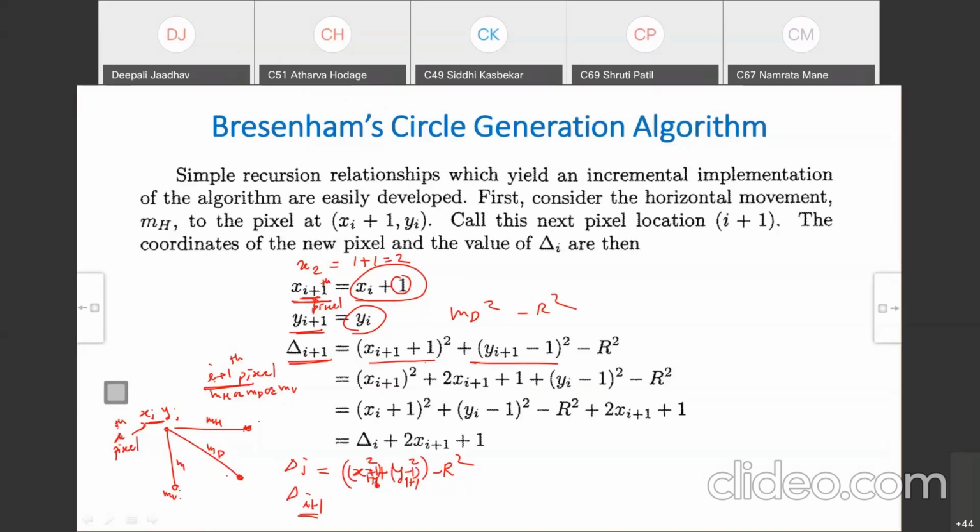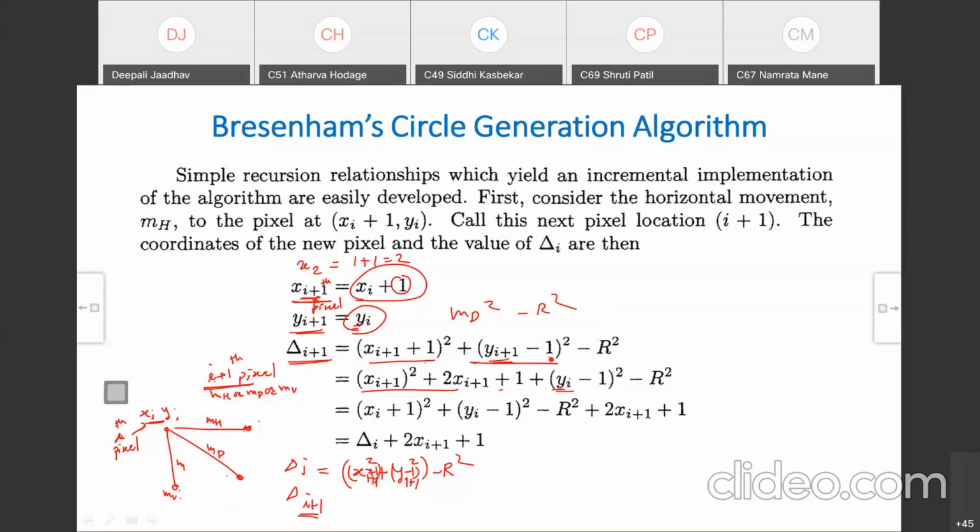Instead of I, what do we add here? I plus 1. Now, what is this xi plus 1? We take the square of this. It is xi plus 1 square plus 2xi plus 1 plus 1. And what is yi plus 1? It is yi, as it is horizontal. That's why it is yi minus 1 square minus r square.